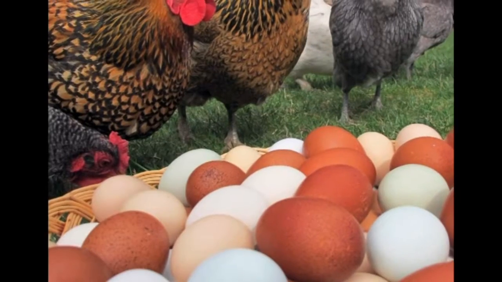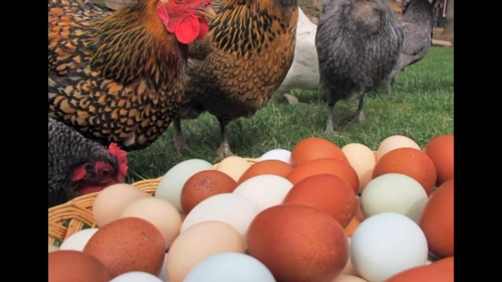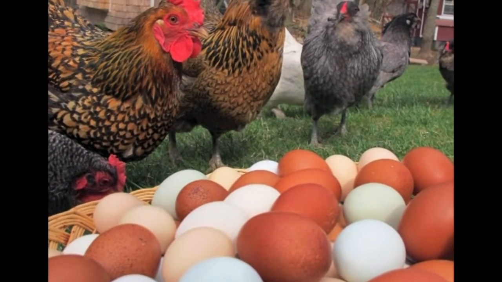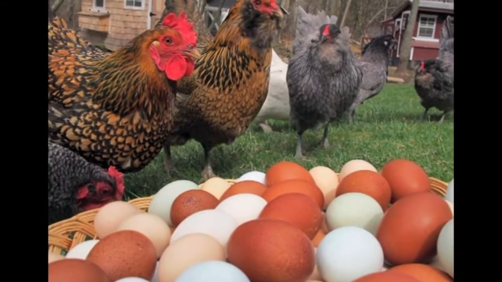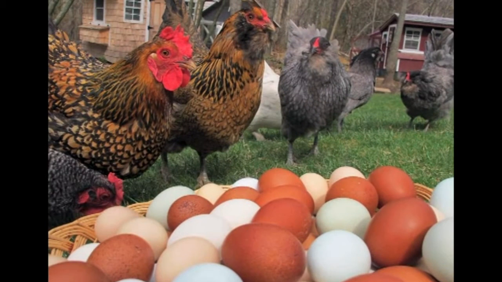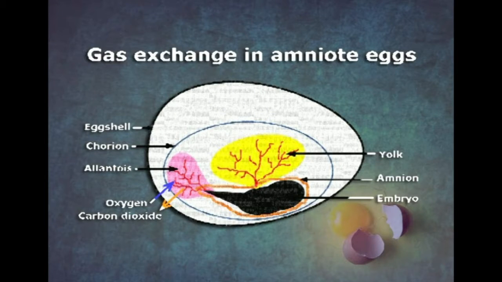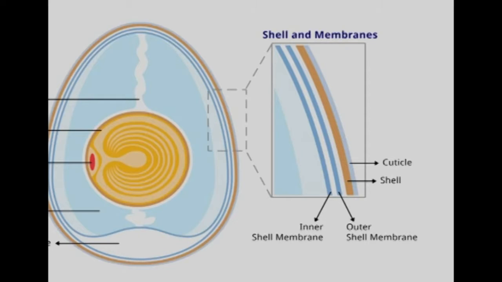The color of the shell depends on the breed of the hen and does not indicate the nutritional value of the egg. The shell is porous and allows the gases to pass in and out of the egg for the developing embryo. The pores are covered with a thin layer of mucoprotein called the cuticle or the bloom.